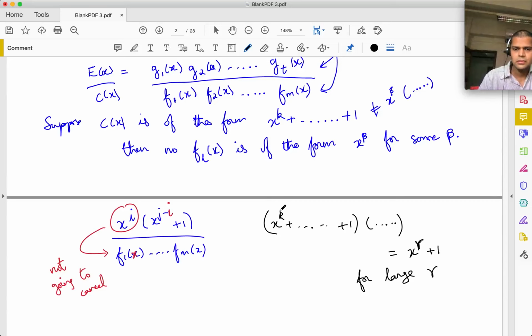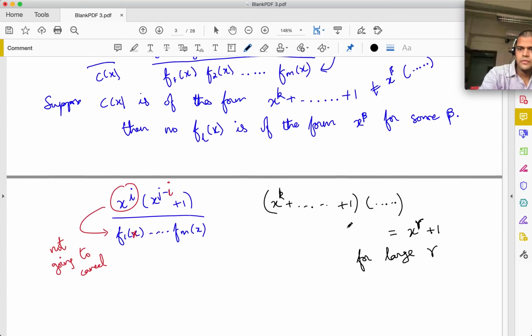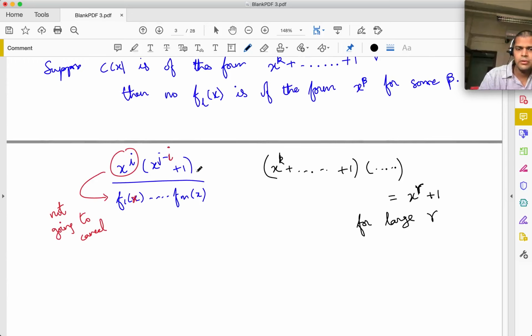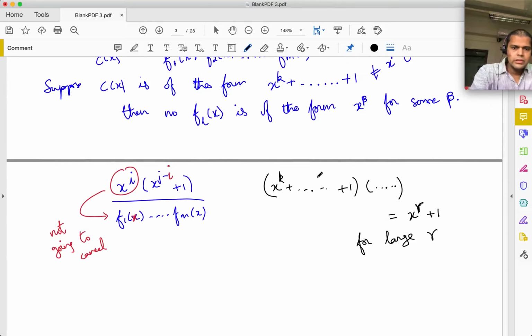You can start with x to the power of k and so on plus 1, multiply it, and all the intermediate terms might go to 0 because of the XORing that might happen. Right? So you have to be very careful. You can't just eyeball it and figure out that something divides something else or not. So it is actually possible for large j minus 1 values for something like this to divide it.